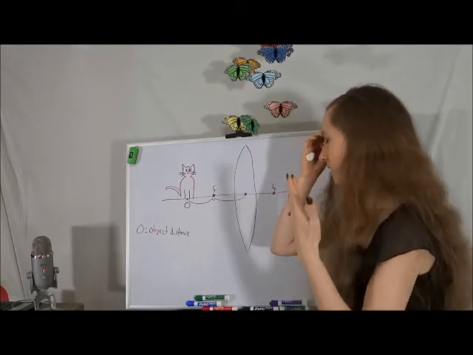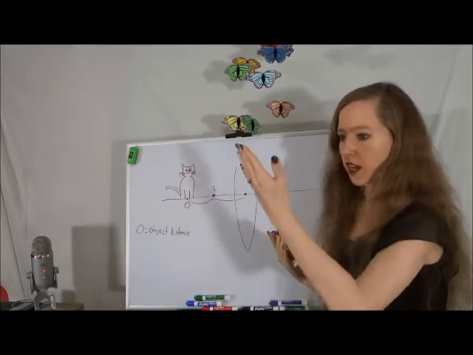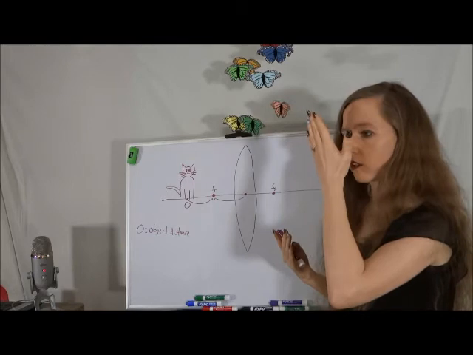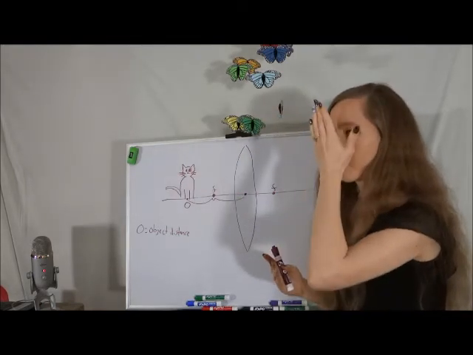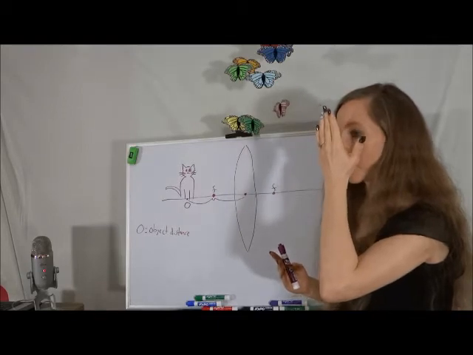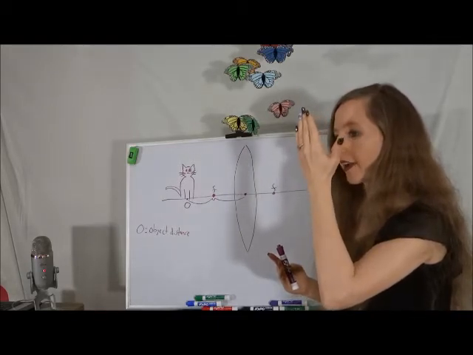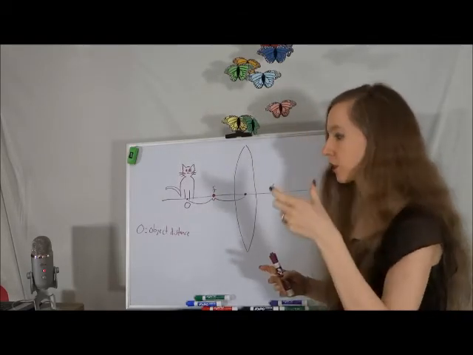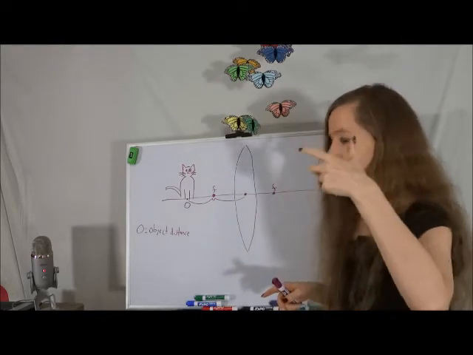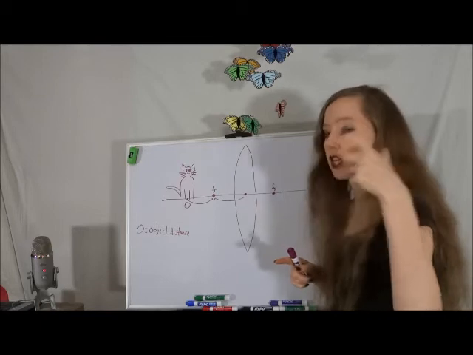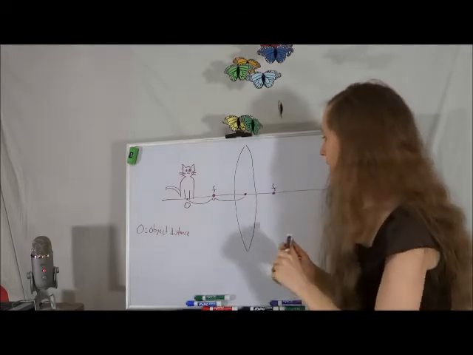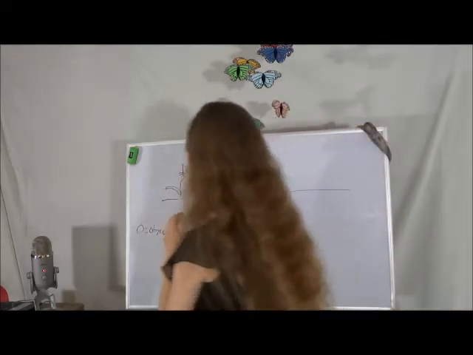So your eye acts as a converging lens, and if you take your hand and you hold it close to your face, there's going to be a certain point at which your hand's going to look blurry. So you bring it close enough, and your hand looks blurry, and you can pull it back, and then you hit a point where it's focused. So the focal length is that distance from the center of the lens to that point where the image is focused. So F is your focal length.